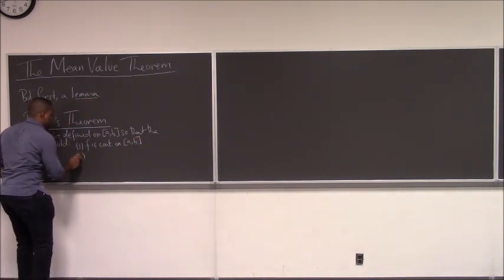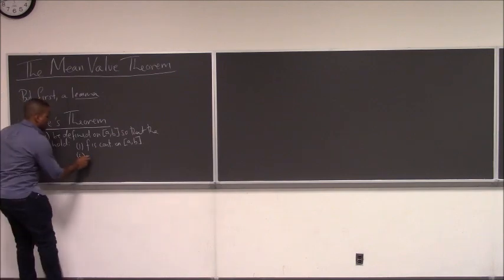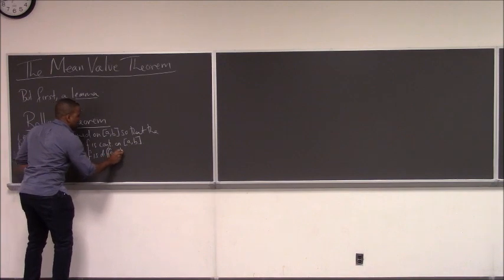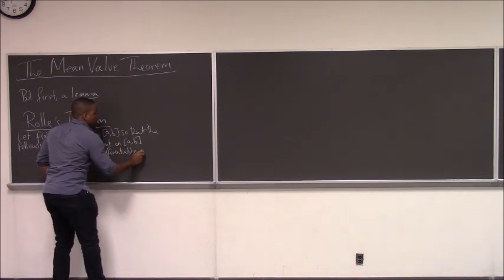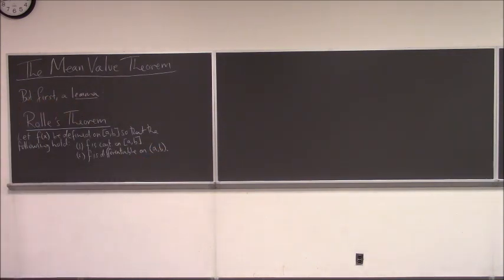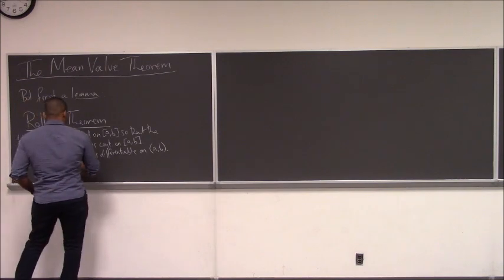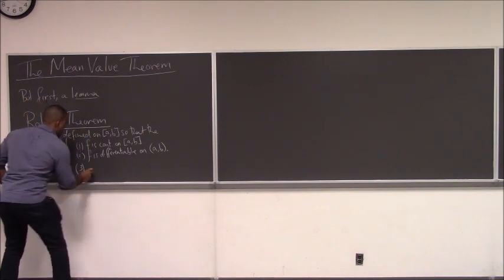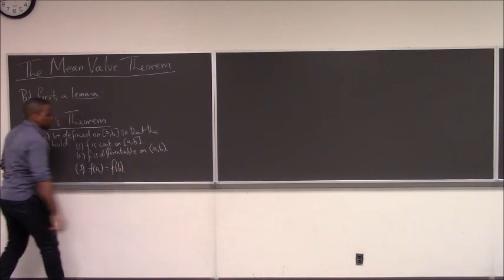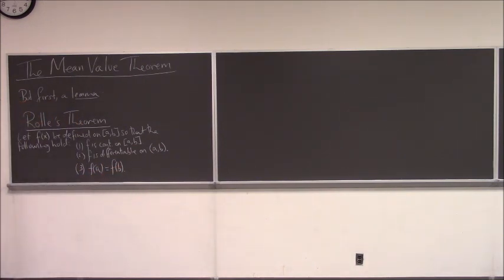Two, f is differentiable on the open interval. So when we're talking about differentiable, we can find its derivative everywhere except perhaps at the endpoints. And three, f of a is equal to f of b. So the y values at the endpoints are the same.